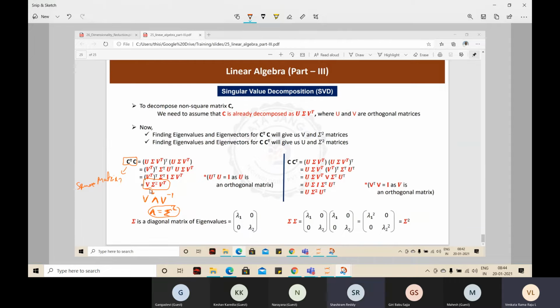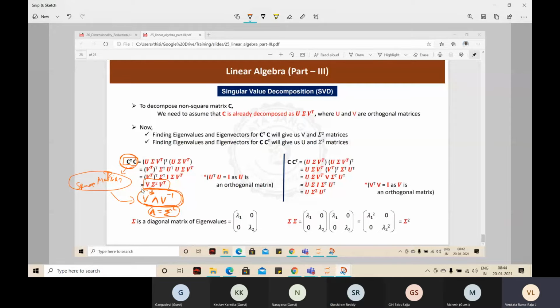But at a high level, it looks like this. What is this actually? It is the eigenvalue decomposition of C transpose C. C transpose C is a square matrix, and if you do eigenvalue decomposition, you get this. Do you agree?